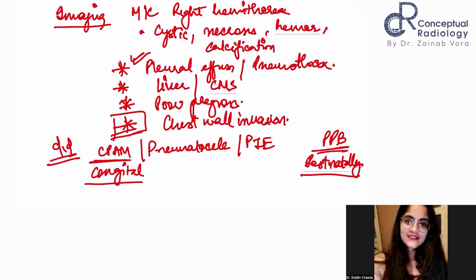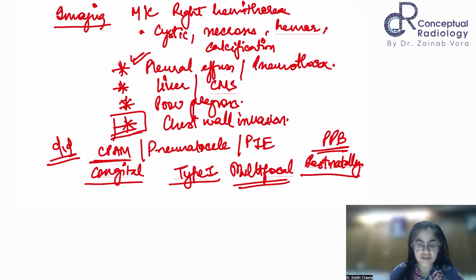And secondly, the type 1 pleuropulmonary blastoma that we tend to confuse with the CPAM can actually be multifocal, unlike the CPAM, which can have multiple cysts but is rarely multifocal in origin. So if you have multifocal cysts in the lungs, then also you should consider a possibility of pleuropulmonary blastoma.